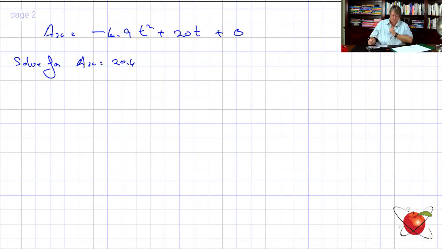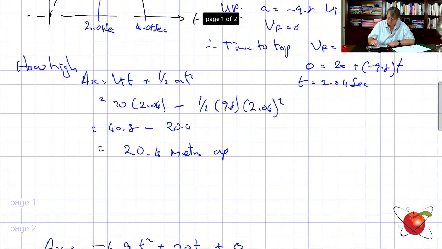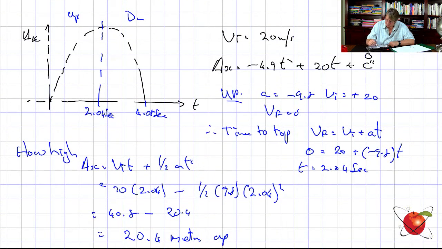Now, note, why did I use 20.4? Essentially, I've said it's gone 20.4 meters up. So I am using this number here. I've put in the height, which I've previously calculated, right?